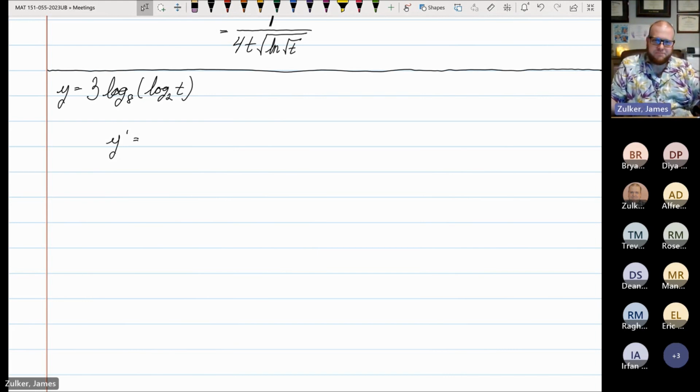It's a constant multiple, right? It's 3 times the function. Scalar multiple rule says it's going to be this constant 3 times the derivative of the function. Now look at that function.